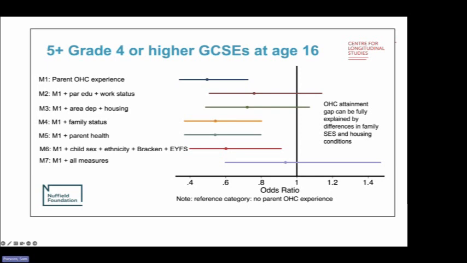And so in model 1 at the top of the chart, we see that compared to children with no parent care experience, they have significantly reduced odds, but that once inequalities in family socioeconomic background or area deprivation and housing are controlled for, that's in model 2 or model 3, children of care leavers are as likely to gain 5 or more good grade public examinations at 16 as those whose parents had no experience of being in care.